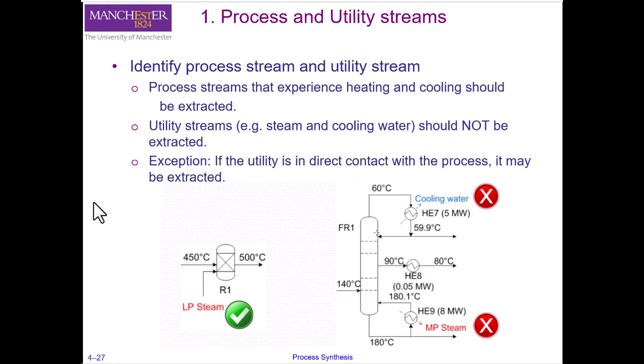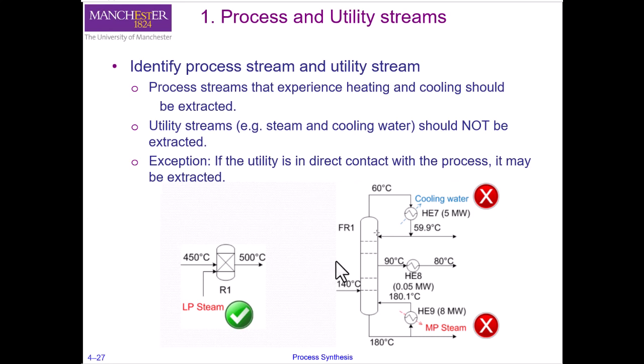The reason we do not extract utility streams is that the quantity of a utility stream is something we calculate or find out by designing the heat exchanger network.